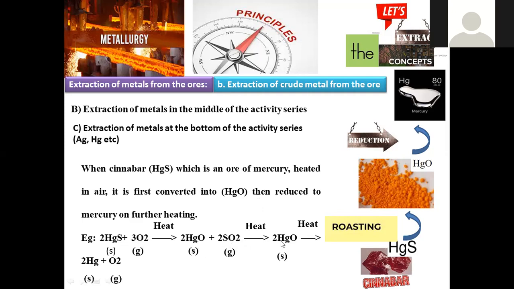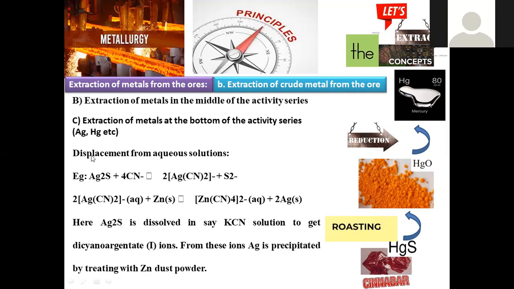This mercury oxide is heated, and when continuously heated, oxygen is removed, and finally we get mercury, and oxygen evolved from the reaction. This is about the extraction of a crude metal from these metals present at the bottom of the series.